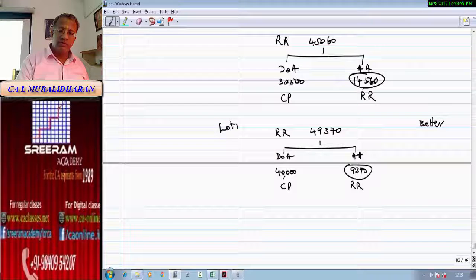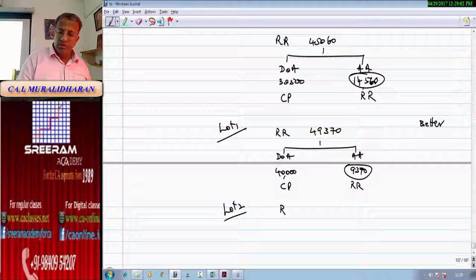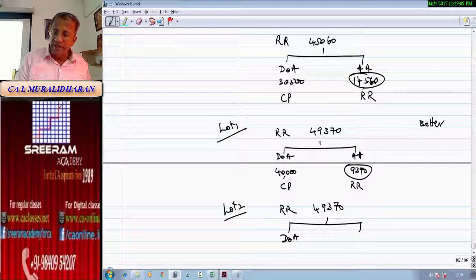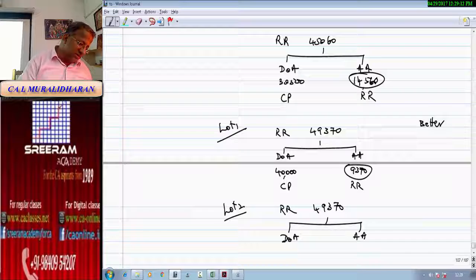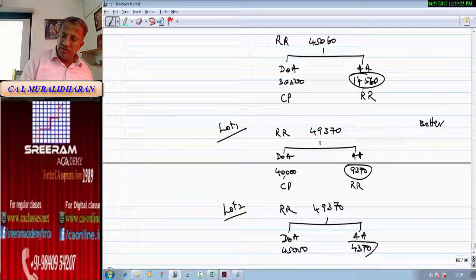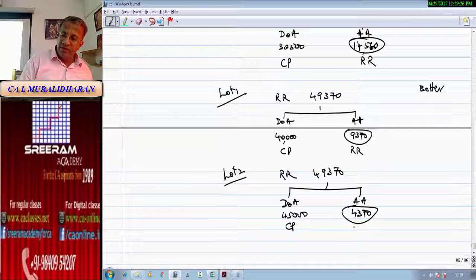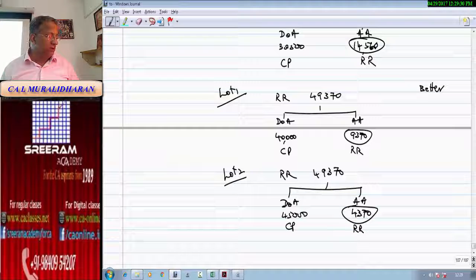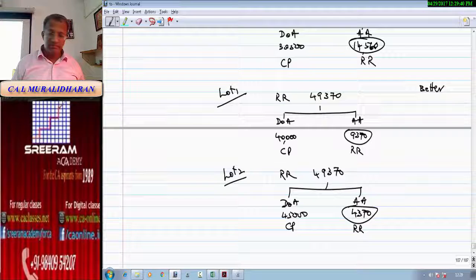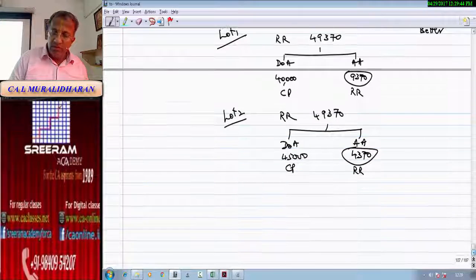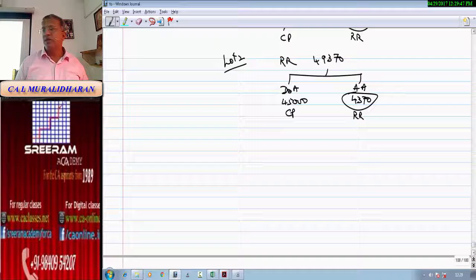This is for lot number 1. For lot number 2, revenue reserve 49,370 should be classified at a different date of acquisition. When the second lot was purchased, the capital profit was 45,000 and 4,370 the balancing figure is revenue reserve. Adjustment number 3 we will simply ignore, or in fact we are not supposed to include it, because they have already accounted for it. So we have to deduct like debtors and creditors. That is what we have to do. Are you understanding? There is no stock reserve.